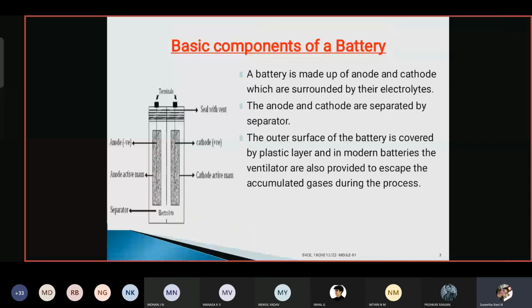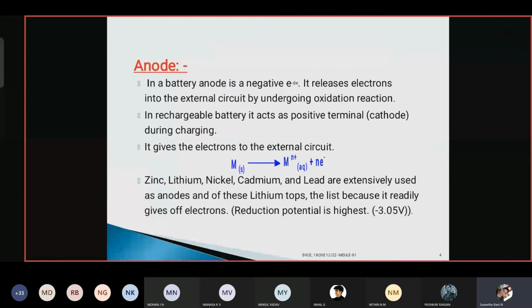Batteries have vents that provide escape for gases accumulated during the reaction. Not only this, during the selection of the anode, it should undergo oxidation. It should not interfere with the separator, and it has to give electrons.